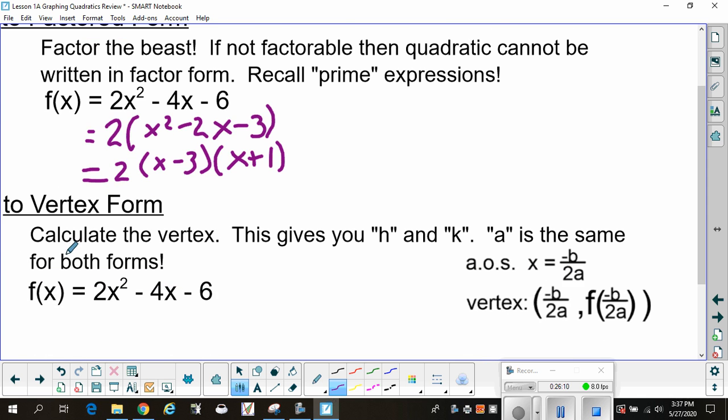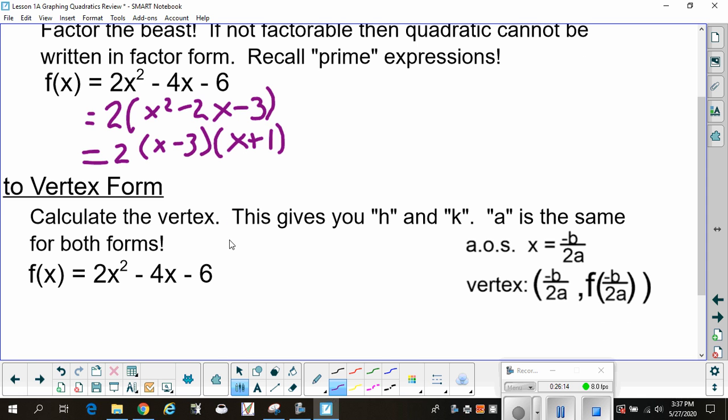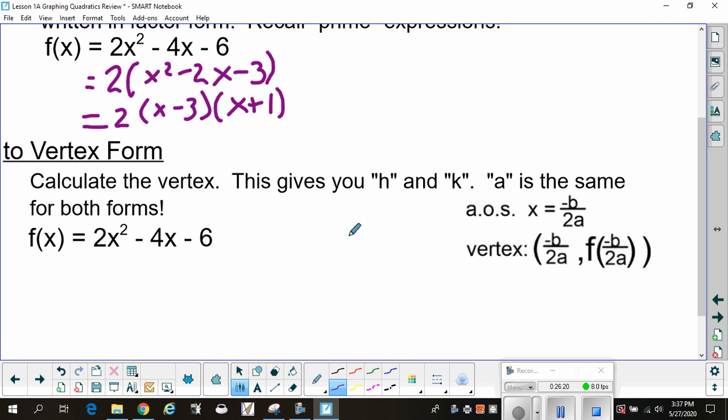Now, if I want it in vertex form, that means I need my h and k. So that just means I need my vertex. Remember a is the same. So to find the vertex, I'm going to do x equals -b divided by 2 times a.